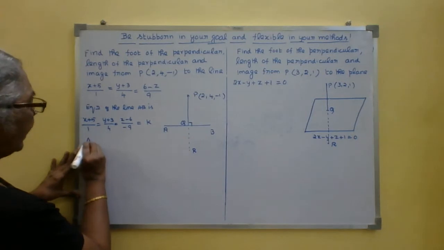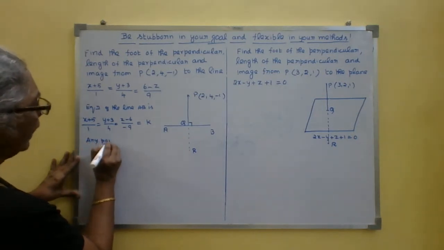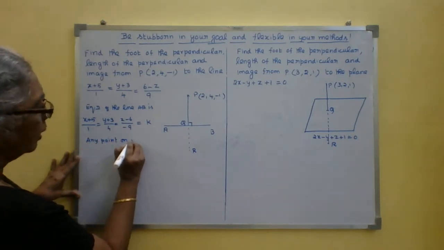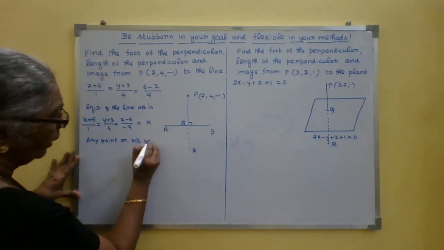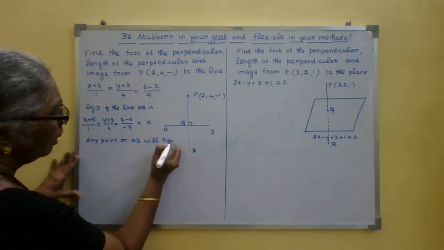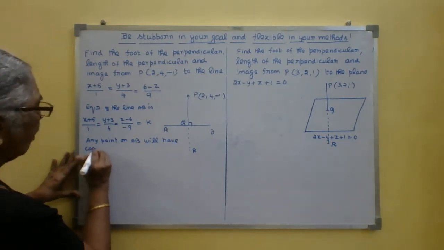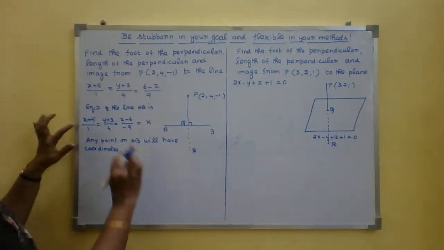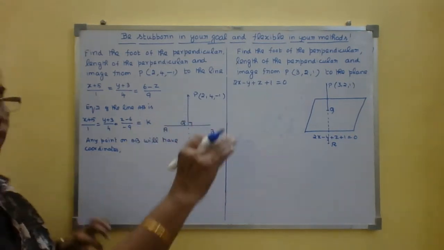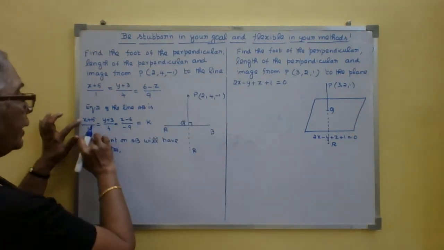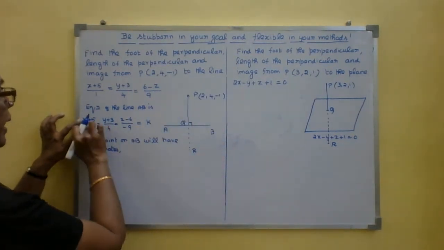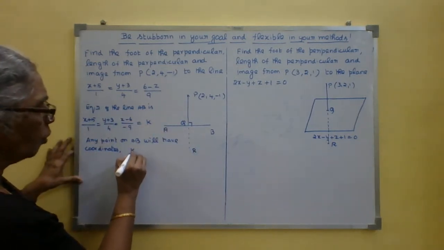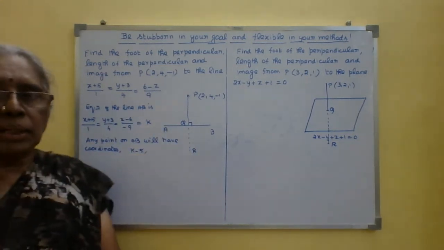Now, any point on AB will have coordinates, how am I going to find them? I will take these two. (x + 5)/1 = k, so x will be 1 into k, then plus 5 will become minus 5, so the x coordinate will be k - 5.